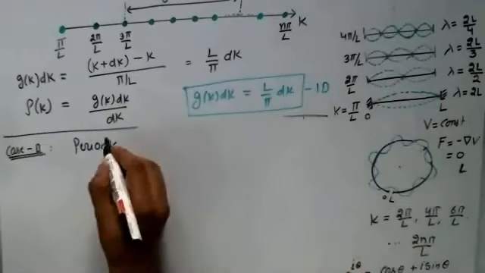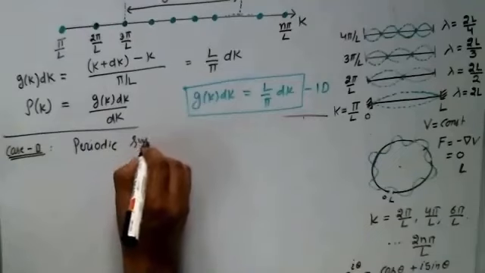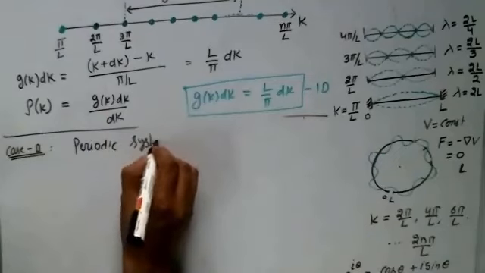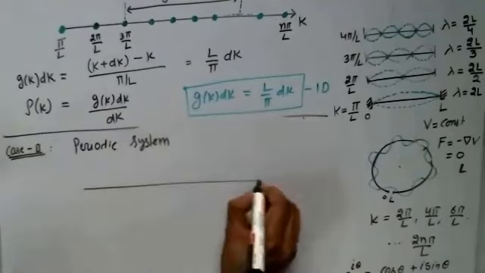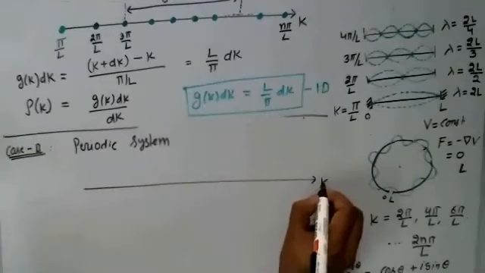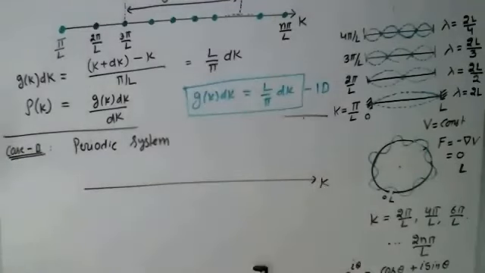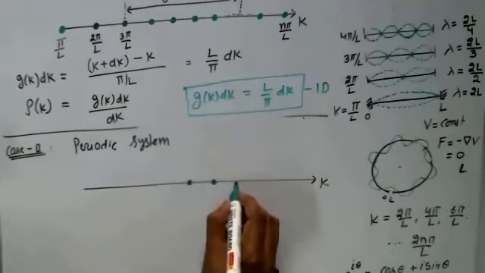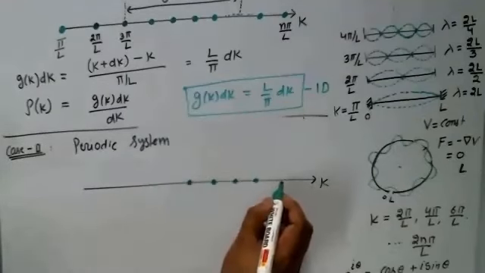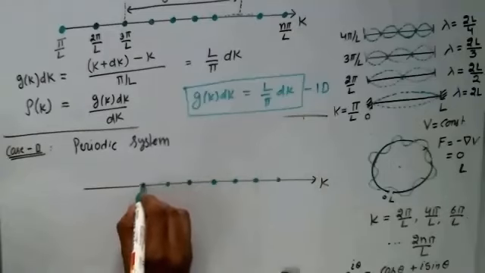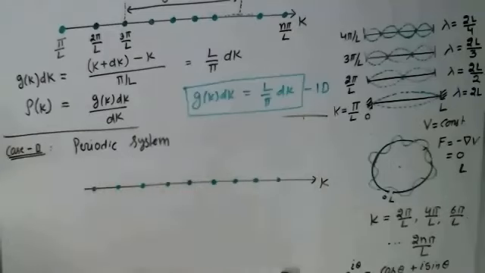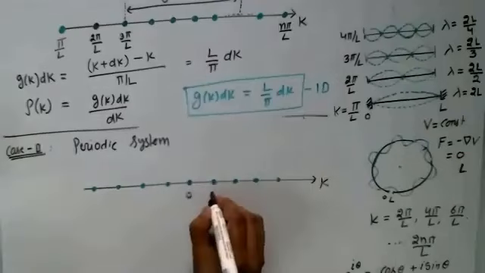So we are dealing now with the periodic system. Now you understand that in the periodic system, I can define the k values. I can just put the dots here, and then later on I can mention the k values. So this k is 0.